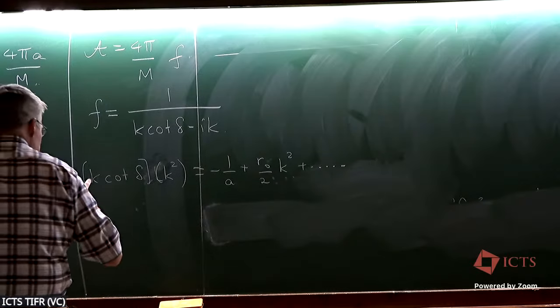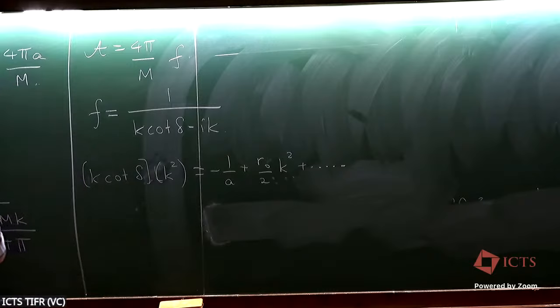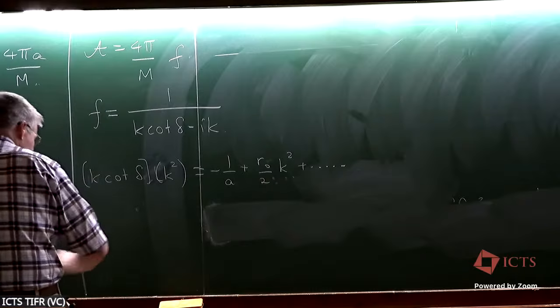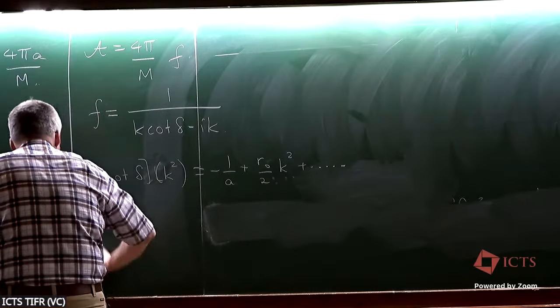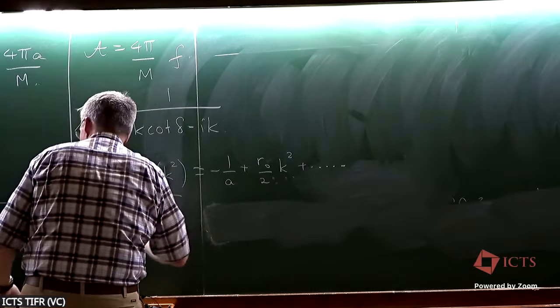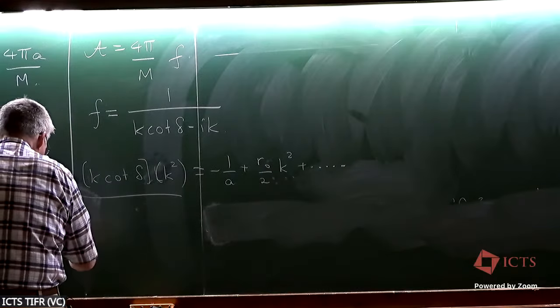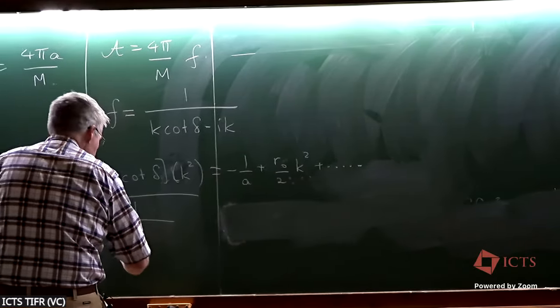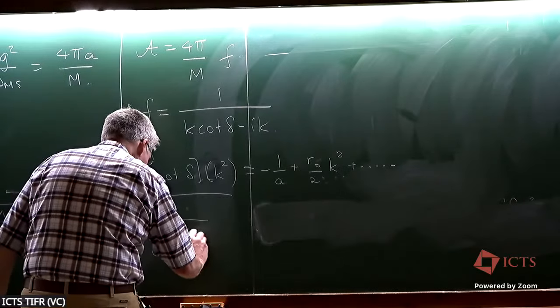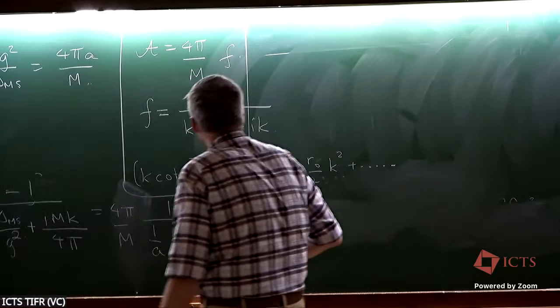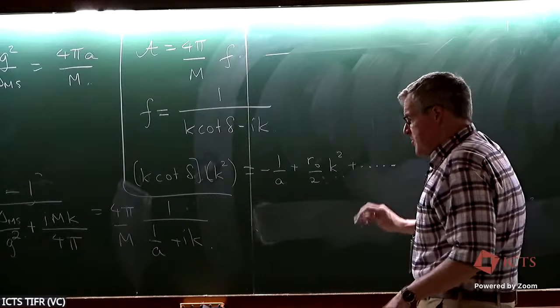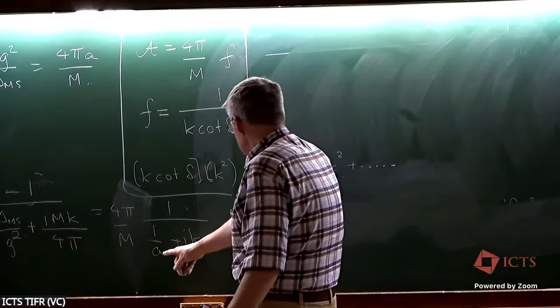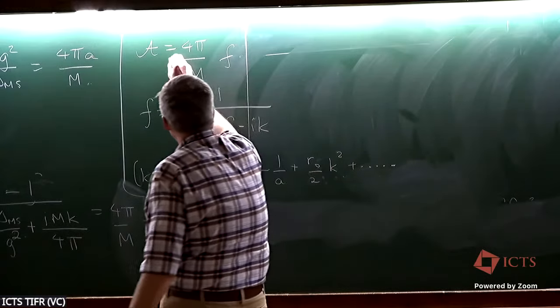So what does that mean in this context? Well, this amplitude that I wrote, which is conveniently sitting here right in front of me, is 4 pi over m, 1 over a plus ik. So again, up to a sign, because I think there's actually a minus sign here.